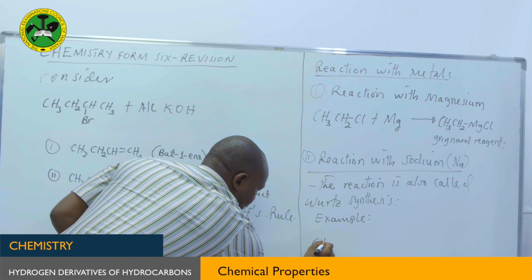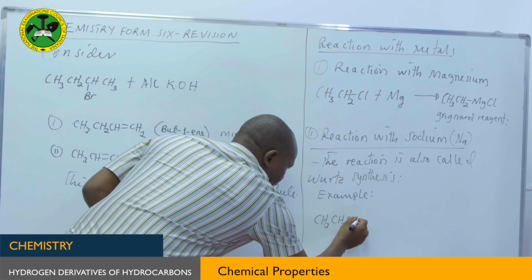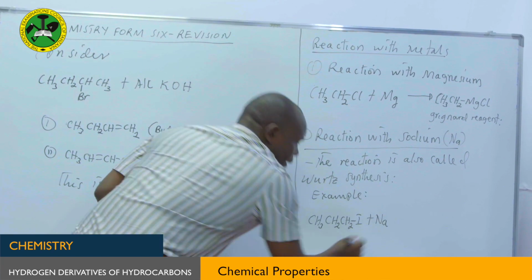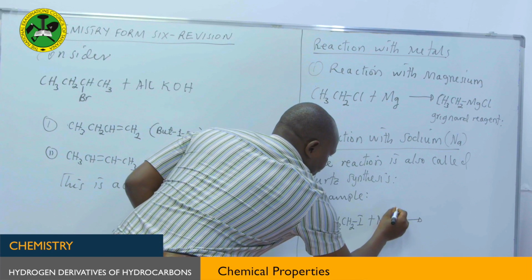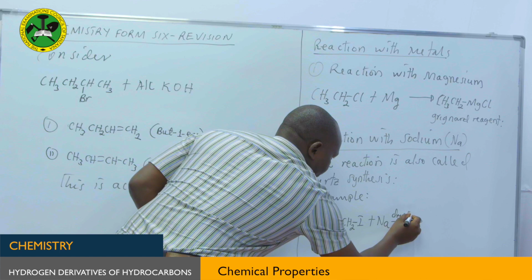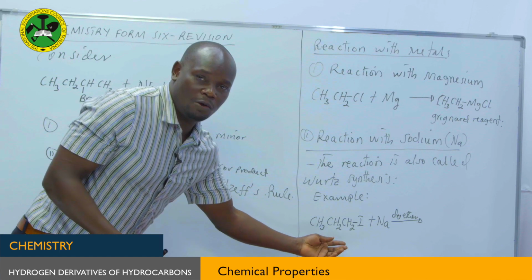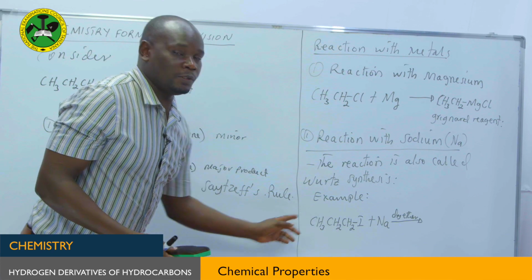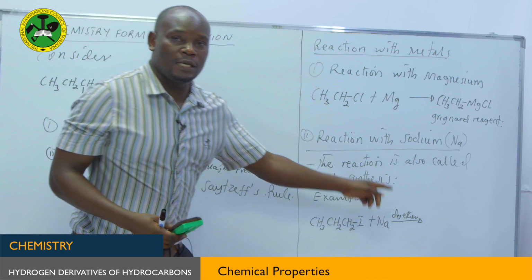If you have CH3CH2CH2I, then treating with sodium, but you have said that the condition is dry ether. In dry ether, our reactant or haloalkane has 1, 2, 3 carbon atoms. Since we have said it doubles the number of carbon atoms, the product will have 6 carbon atoms.